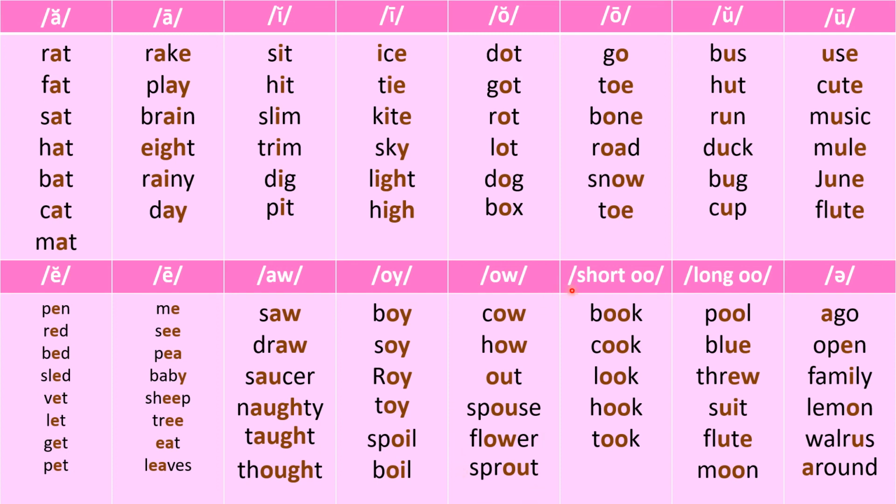Short OO as in book, cook, look, hook, and took. Long OO as in pool, blue, through, suit, flute, and moon.